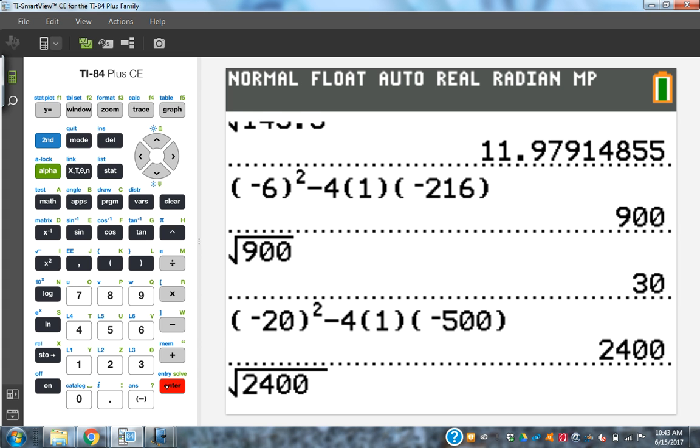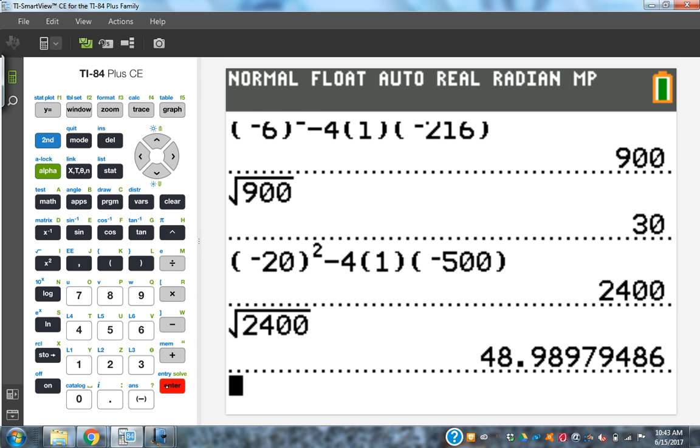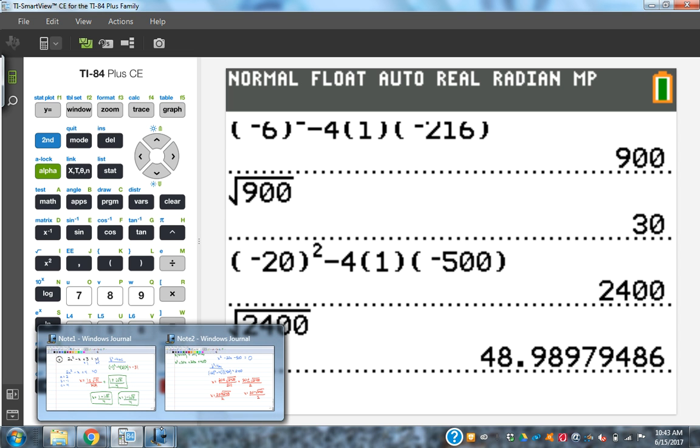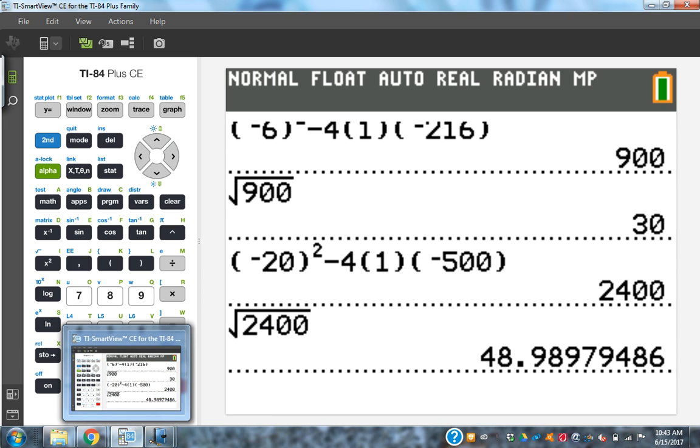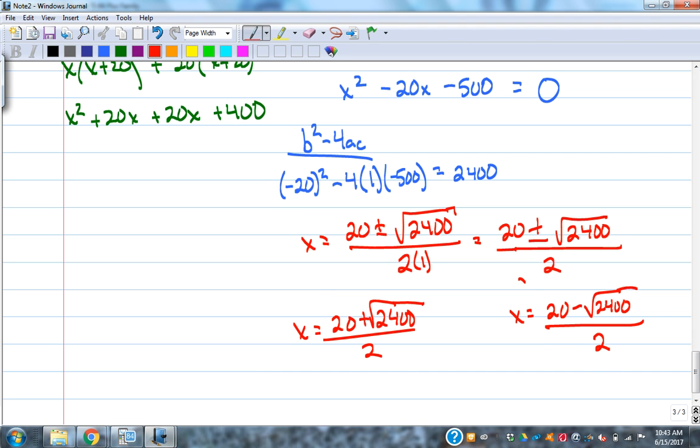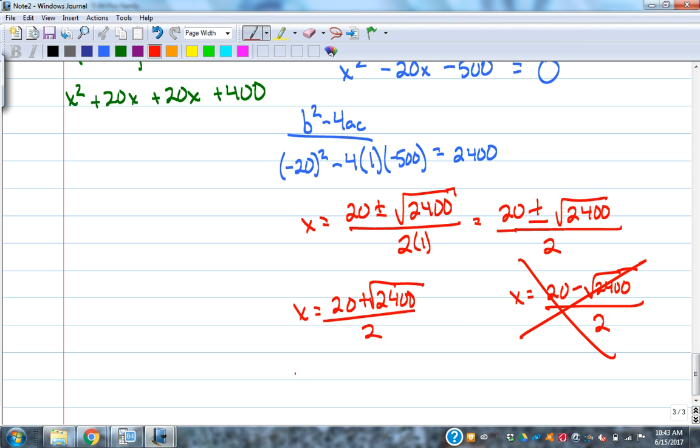Because I know the square root of, so that right there is 48.989, which would round to 48.990. Tells me that that's going to be a negative answer. So I'm only going to have this positive one here.